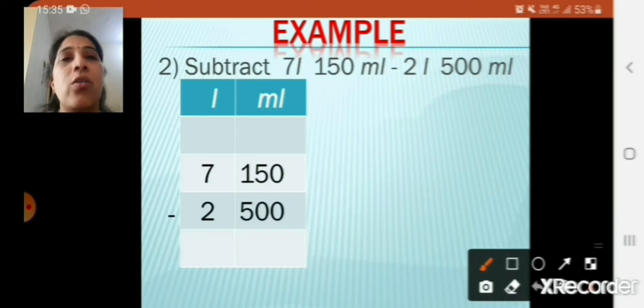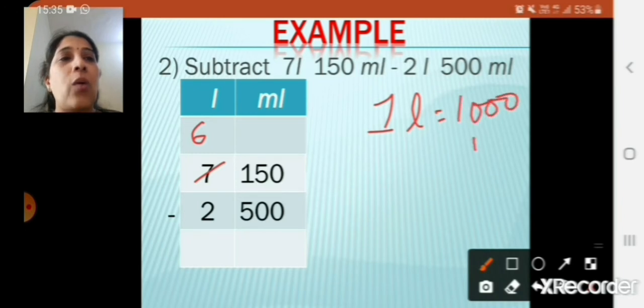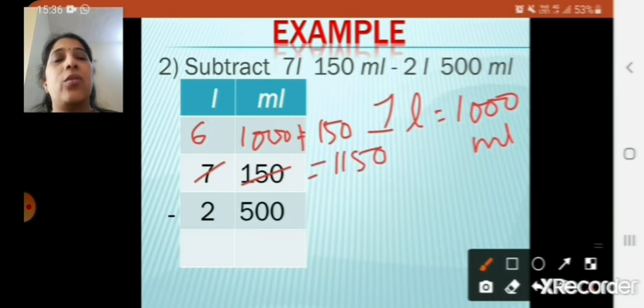So if we borrow 1 from 7, what will it become? 7 minus 1 will become 6. Now this 1 liter is equal to how many ml? 1000 ml, right? So this 1000 plus this 150 will become 1150, right? So with 1150 you can carry out subtraction, right?